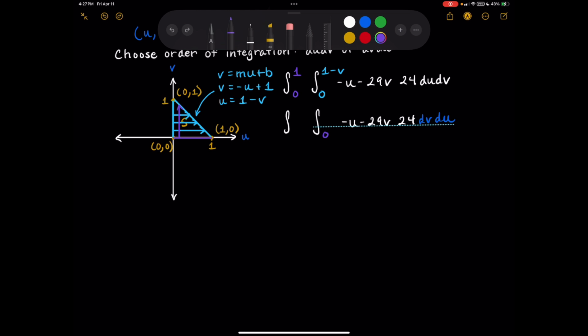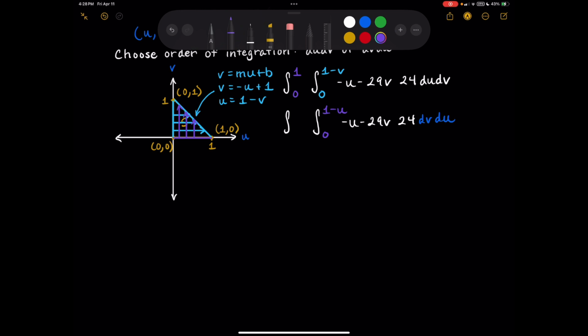And I hope you guys don't mind. I'm just going to move these variables around here so it's 1 minus u. But it's the same thing. So up here we're going to have 1 minus u. It's going to go from 0 all the way up to the equation of this line, which is v equals 1 minus u, from 0 to 1 minus u.